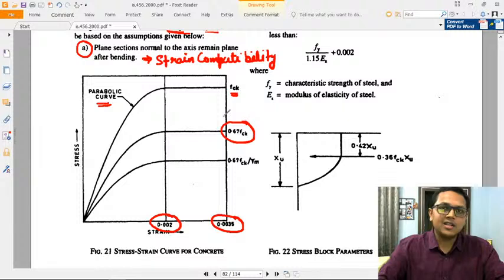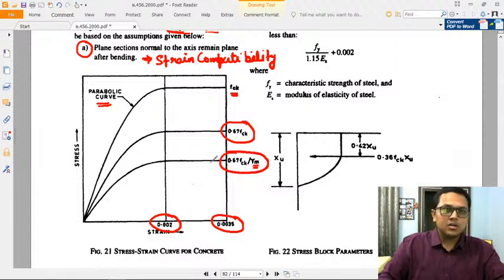That is, the strength of the concrete that is taken into consideration is only 0.67 FCK and a partial factor of safety is applied over this strength, that is gamma m of 1.5. So this is the design curve that is used for the designing, and this value comes out to be 0.45 FCK.